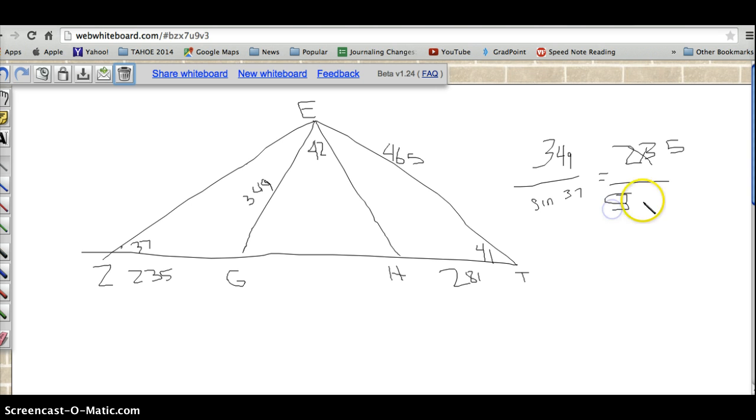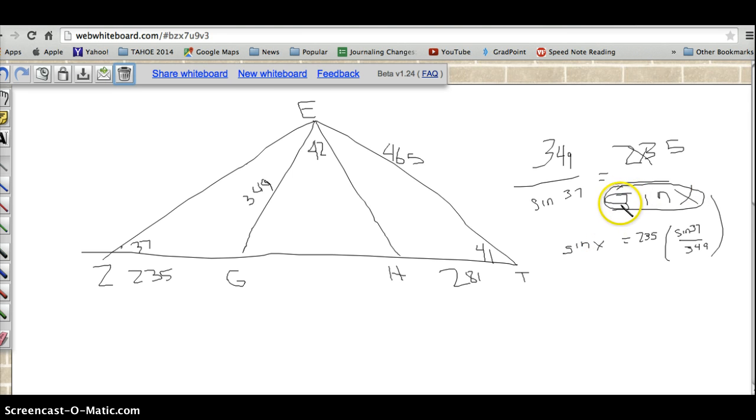Excuse my terrible drawing, I'm not very good at this. Okay, sine of X. So this is going to be slightly different. Our variable is X, so I need to get that isolated. But keep in mind that sine of X is actually one number.